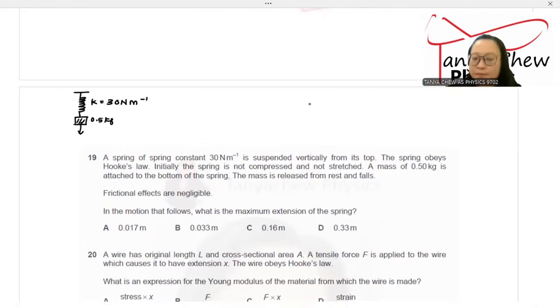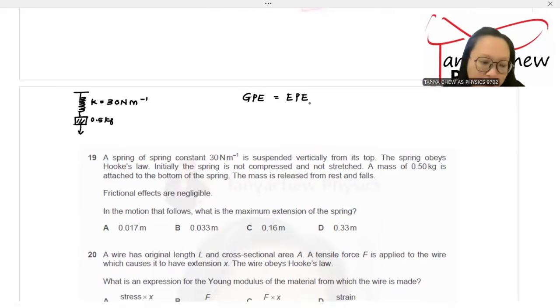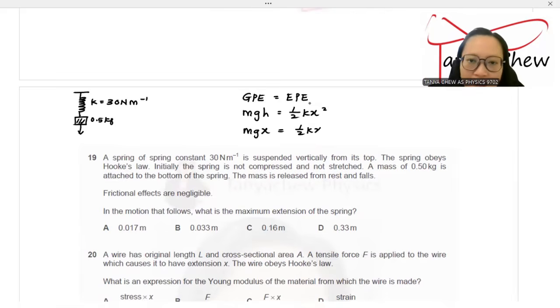So I'm going to use the principle of conservation of energy, where gravitational potential energy is converted to elastic potential energy of the spring. Gravitational potential energy is mgh. Elastic potential energy is half kx squared. H I am going to replace with the extension of the spring, right? How close it is to the ground. So mgx is equal to half kx squared.